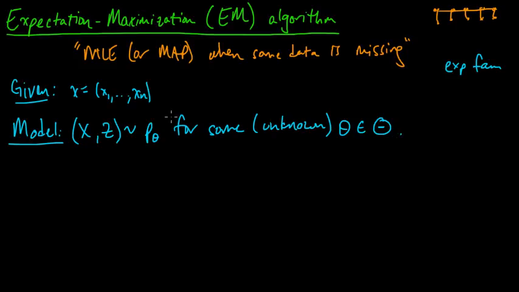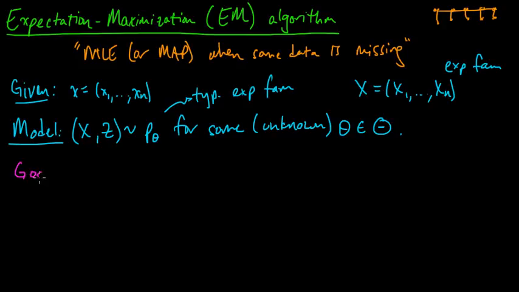And typically this p theta here is an exponential family. That's what I meant when I said that the joint of all of them together is typically an exponential family. That's when the EM algorithm really shines. This x is a vector x1 to xn, which is modeling the data here. And z is just some other random variable that's going to be the latent random variable.